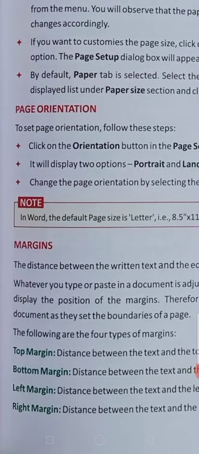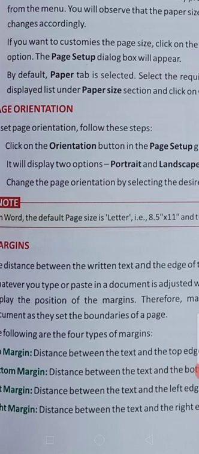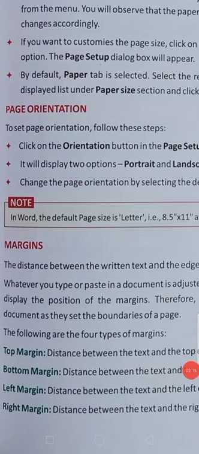Second thing is margin. I already told you in the last class what is the meaning of margin. Margin means the difference between written text and the edge of the page. We have 4 types of margin in our page: top margin, bottom margin, left margin and right margin.